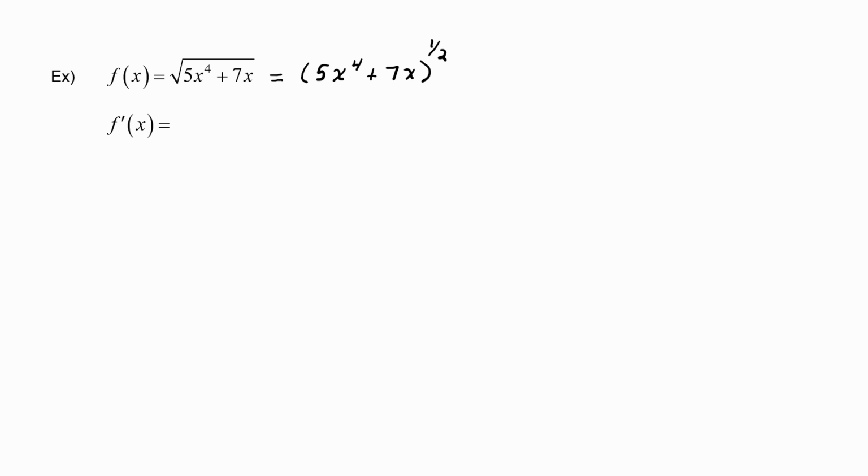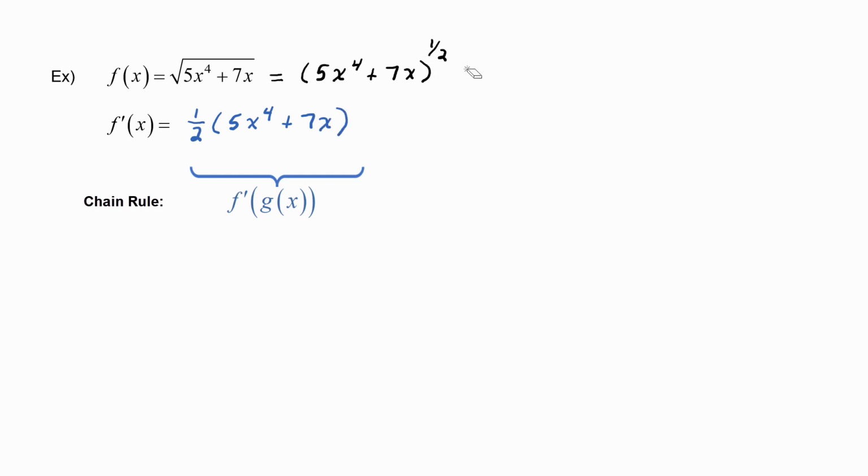So the outer function here is that we have some stuff raised up to the 1/2 power. So then when we find f prime of g of x, that means we have to find the derivative of stuff to the 1/2. So that's going to be 1/2 times our stuff, 5x to the 4th plus 7x.